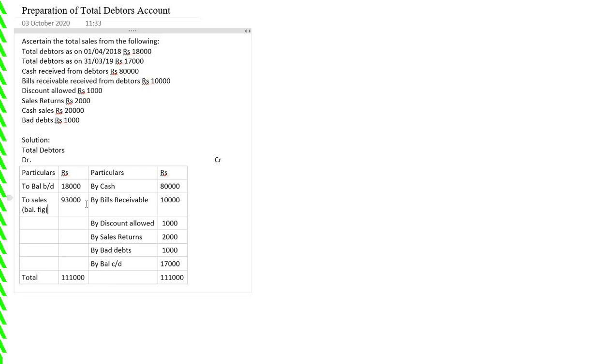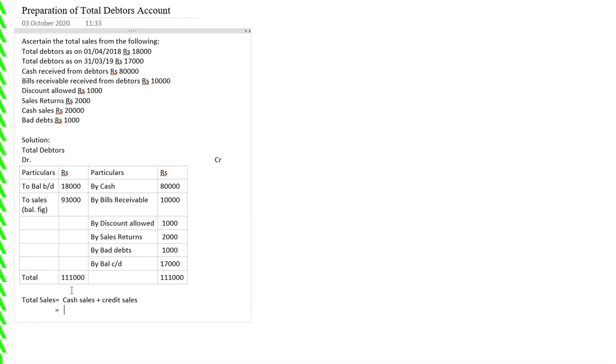So we have found here the credit sales. So now we need to find out the total sales here. So total sales, let me put a formula here. So that's equals to cash sales plus credit sales. So now we have given in the problem the cash sales.